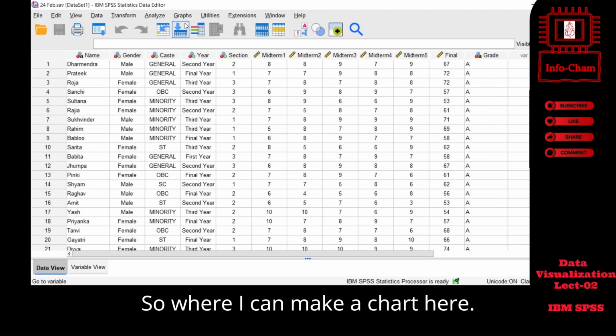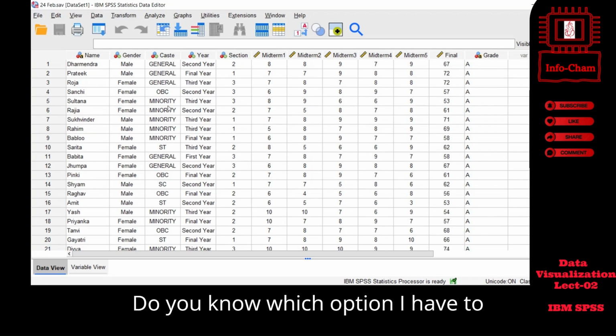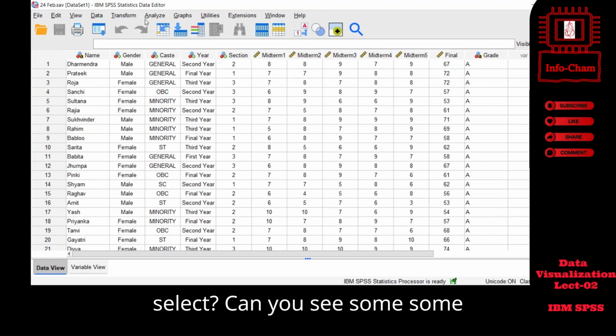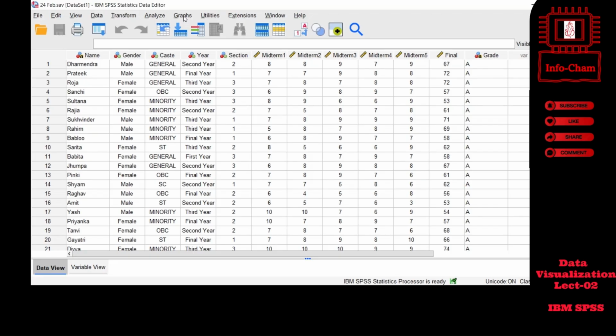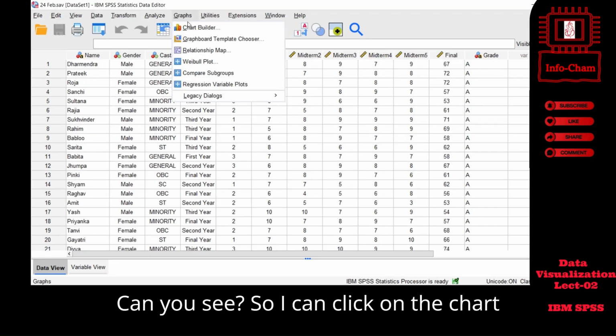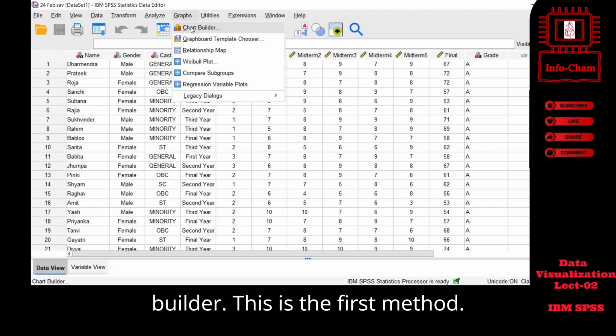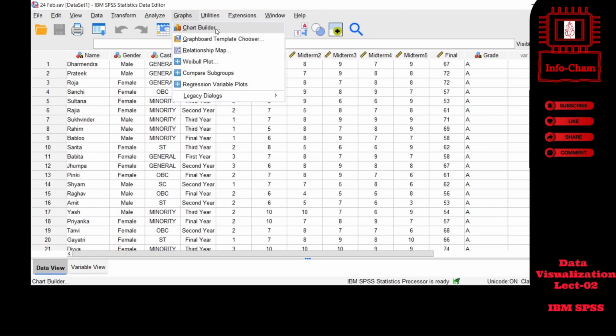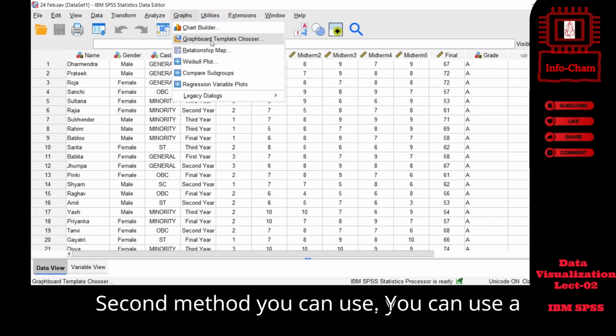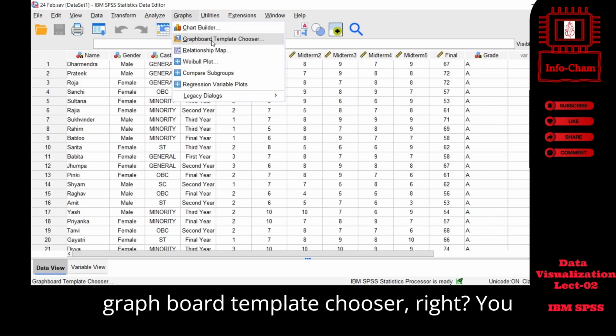So where can I make a chart here? Do you know which option I have to select? Can you see the Graphs option here? I can click on Chart Builder. This is the first method. The second method is to use Graphboard Template Chooser.